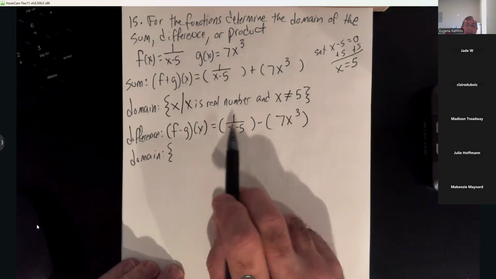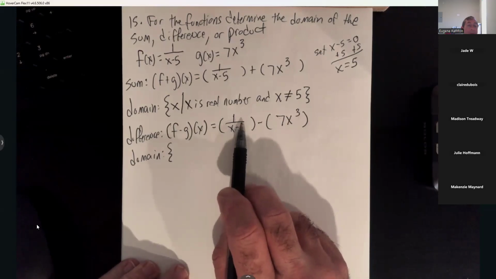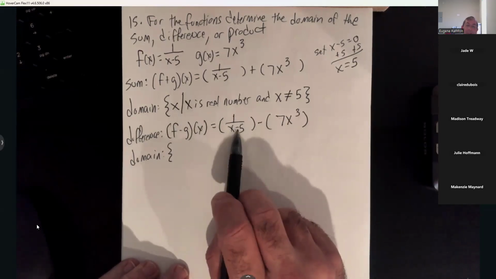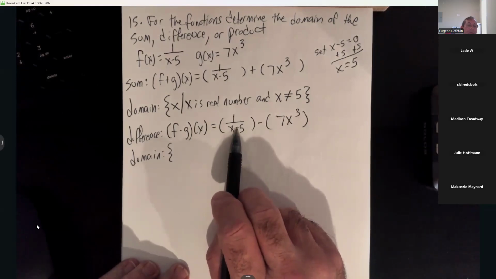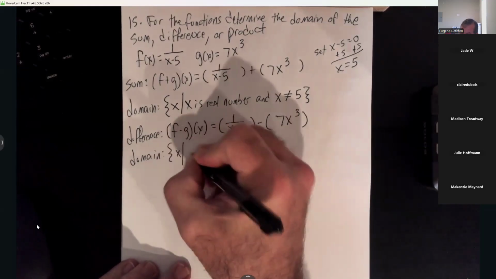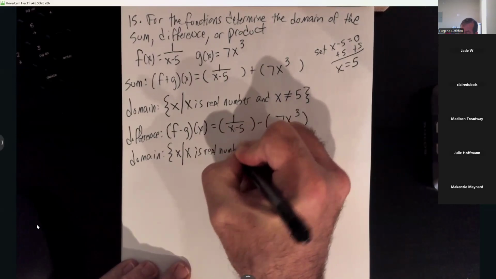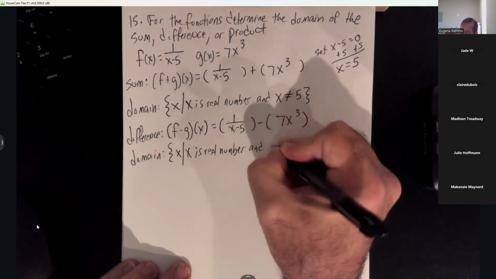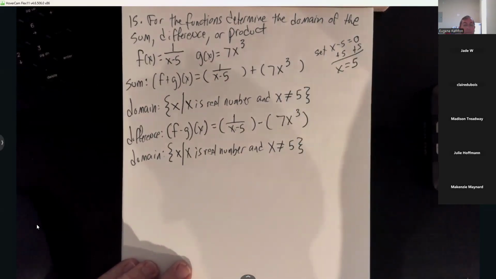You put a 5 into that, that makes that undefined, and you cannot subtract anything from undefined. So since it's got the only fraction, we're going to exclude that 5 again. So x such that x is a real number and x cannot equal a positive 5.